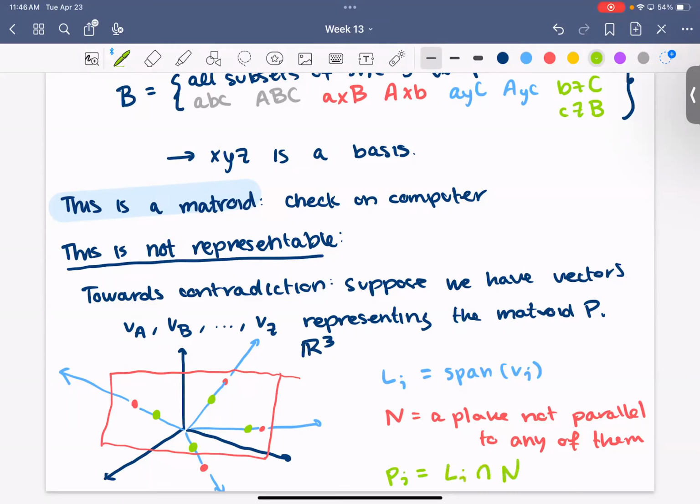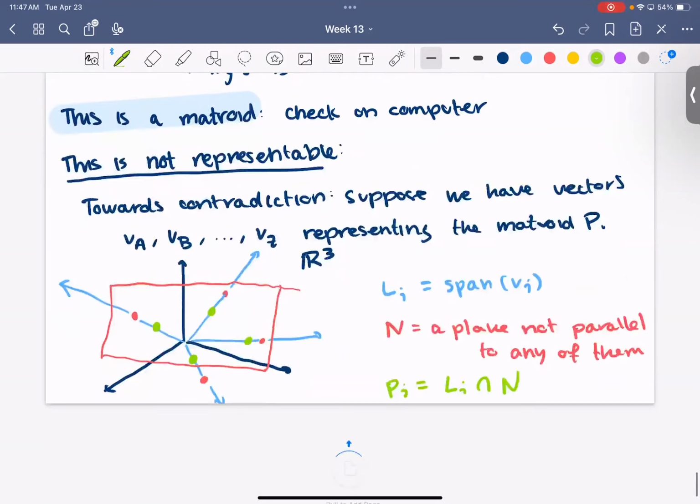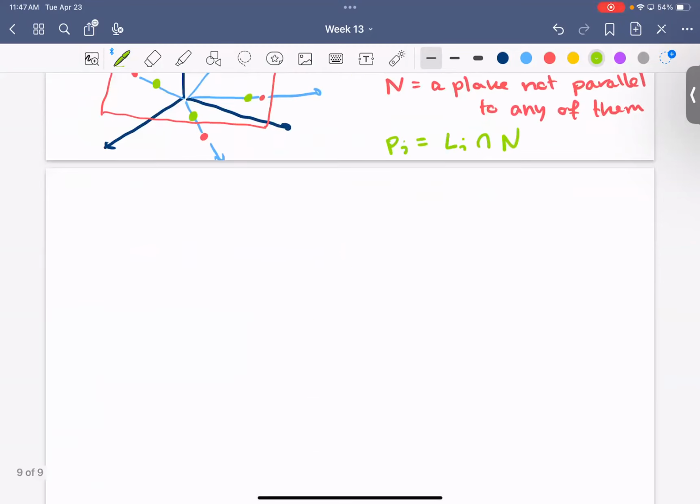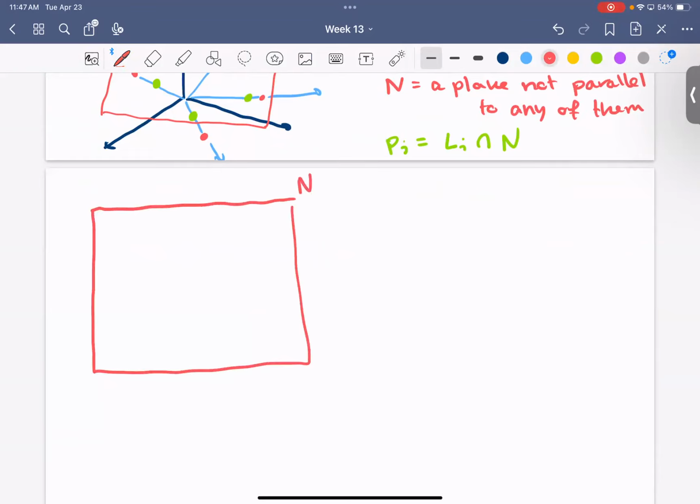This enables me to view this matroid as a picture in the 2D plane instead of a collection of vectors in R3. So now I'm going to look at just my plane N and how the picture works inside of N. Let's consider the points PA, PB, and PC.